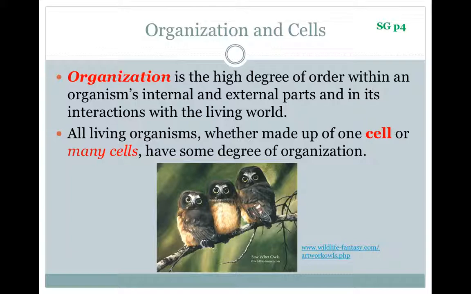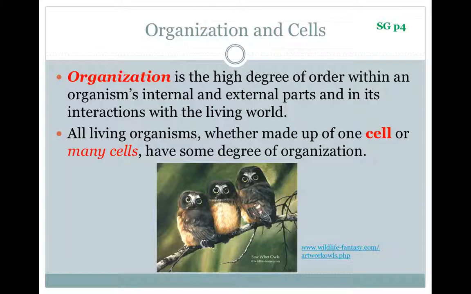And one thing about organisms is you got to be organized. We're not just some random collection of parts. There's a pattern to our systems in our body and right down to the cells. And so we need to understand how we are organized. One other thing is that all living things are made up of cells.